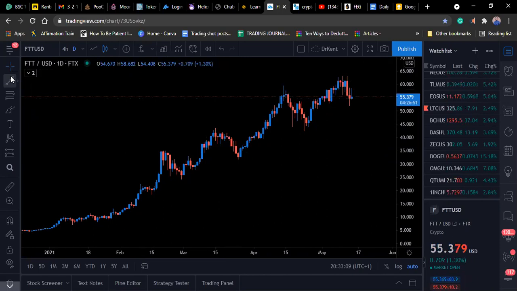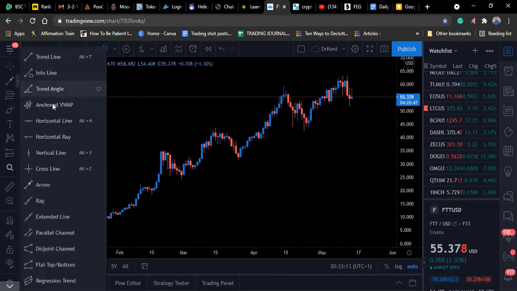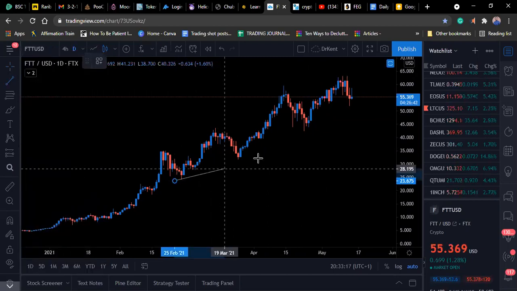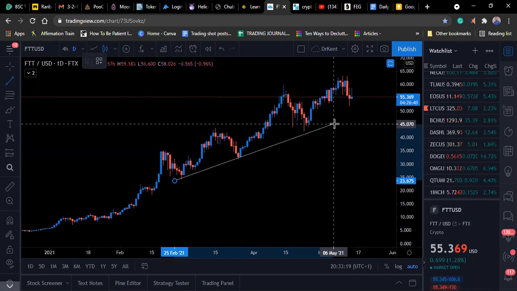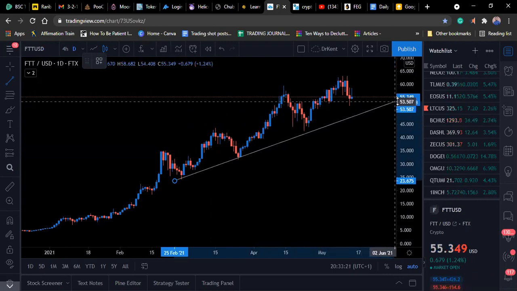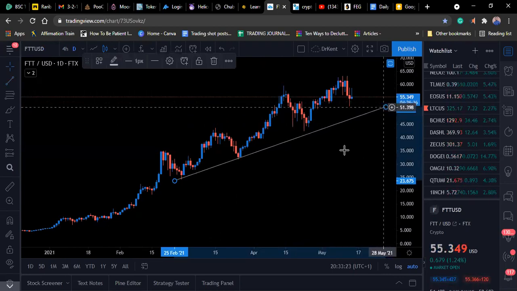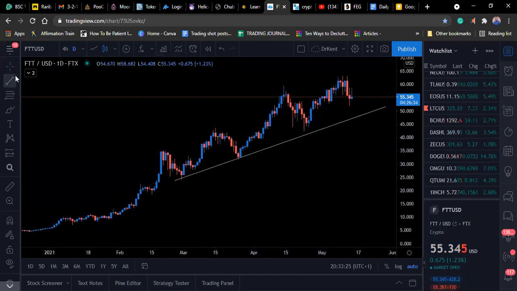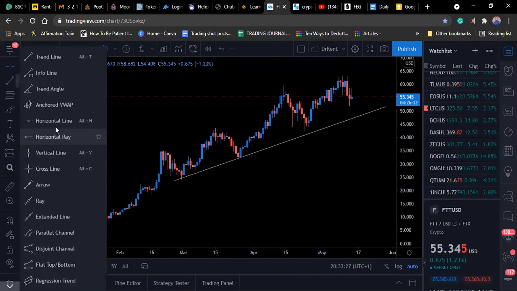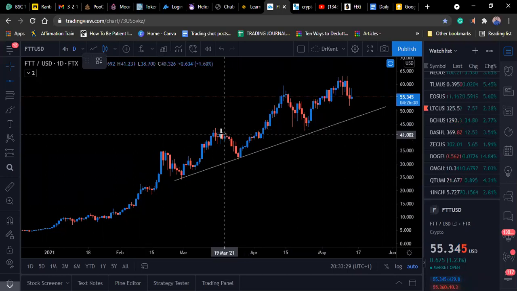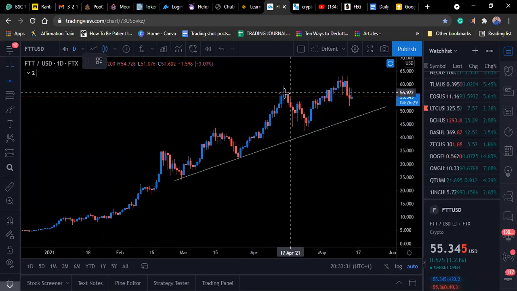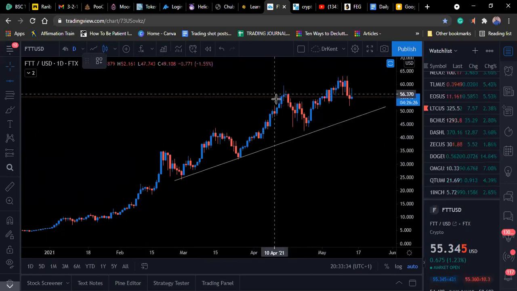Then under this cursor, you have your different kinds of lines. You have your horizontal line, you have your trend line. These are tools you use for analysis. Click again. This is your horizontal line. So let's place our horizontal line somewhere here.